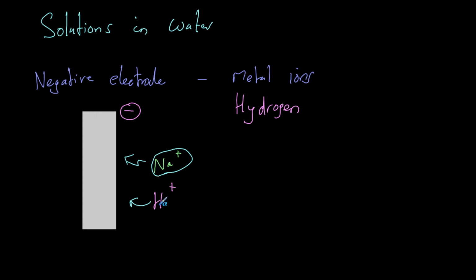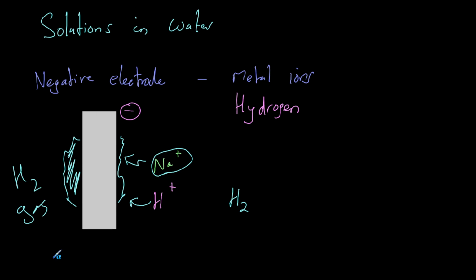It wants to become hydrogen gas and be stable. So hydrogen will win in this case, and at this electrode we will get hydrogen gas bubbling off. So H2 gas.